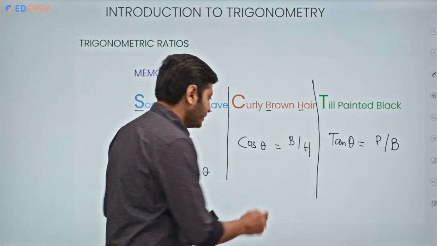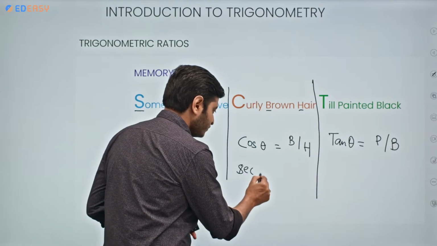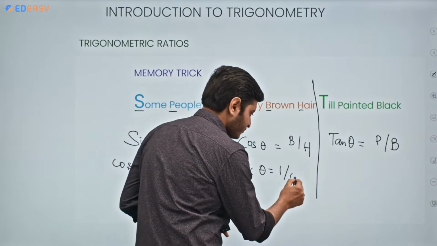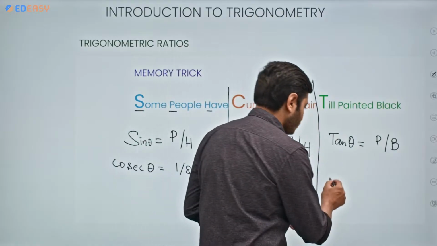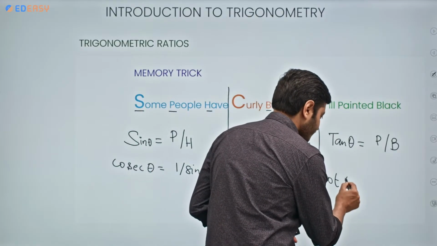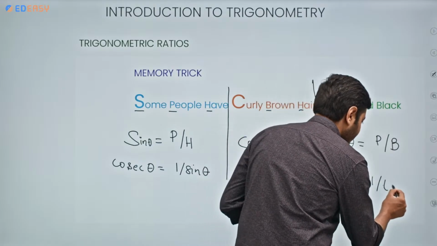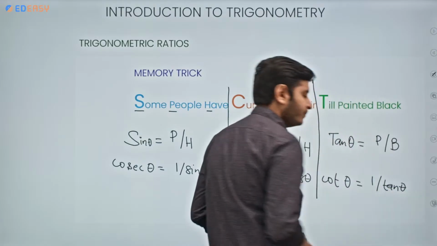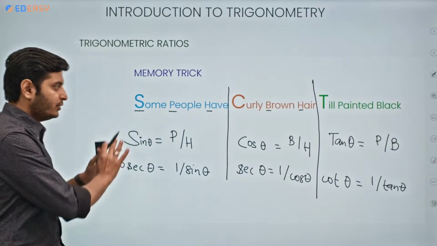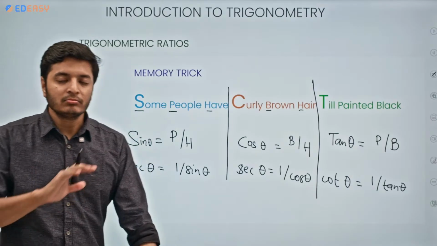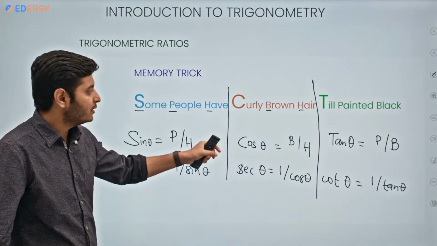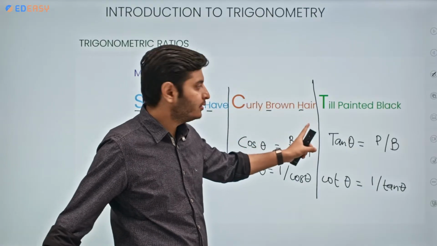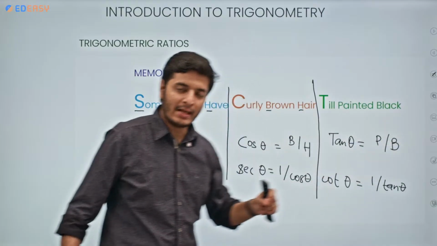Then secant theta is 1 by cos, and cotan or cot theta is 1 by tan. Now you can remember easily. So the trick is, some people have curly brown hair till painted black.